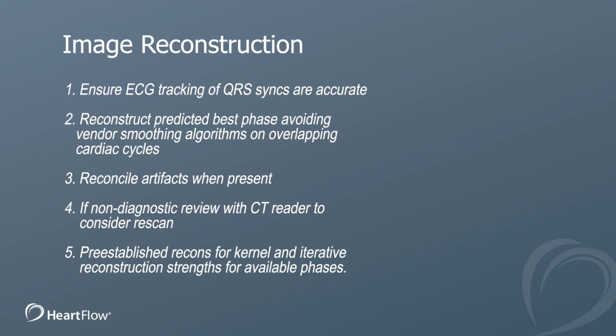So for example, if a patient has dense coronary calcifications or stents, not only do you want to scan them with higher tube output settings, but you also want to reconstruct them with a sharper kernel, higher resolution settings.